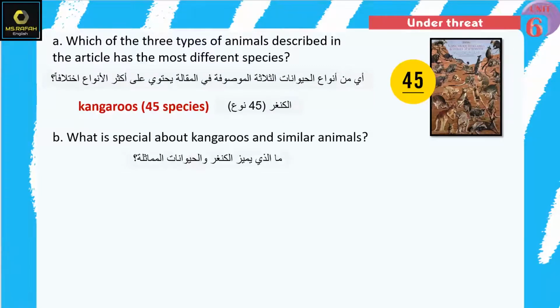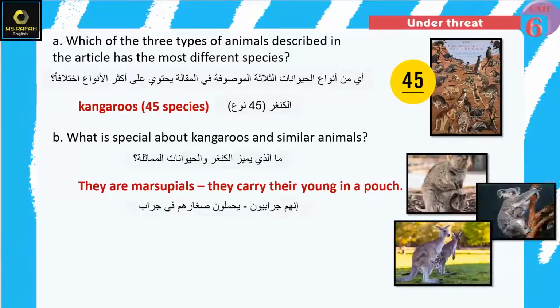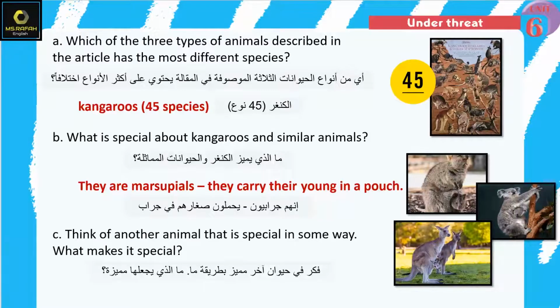What's special about kangaroos and similar animals? They are marsupials. They carry their young in a pouch. Think of another animal that is special in some way. What makes it special?